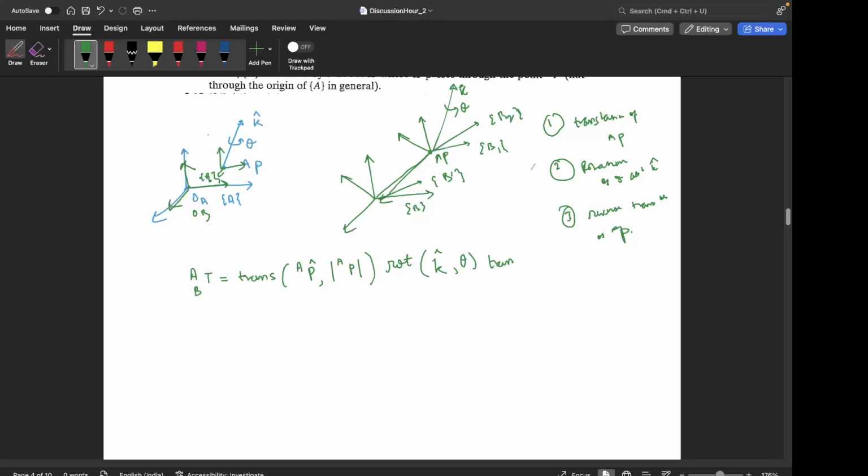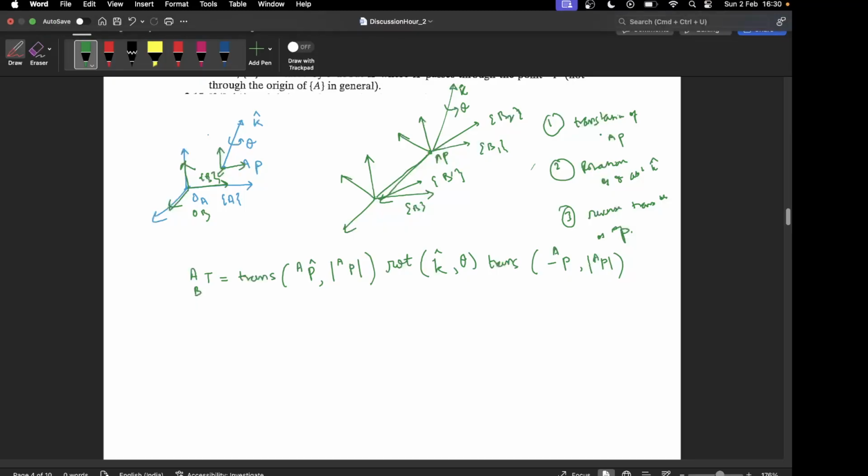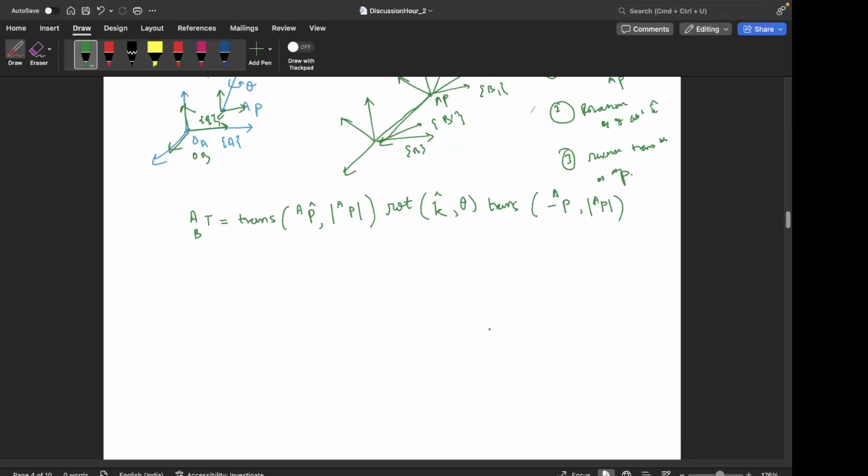And then again translation, but this time in reverse, again by the same magnitude. Okay, so these are the three things that we basically use to describe this transformation.